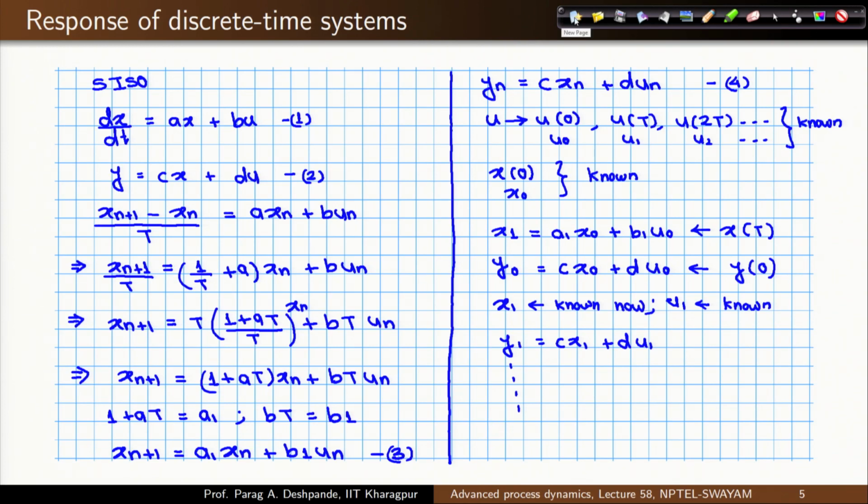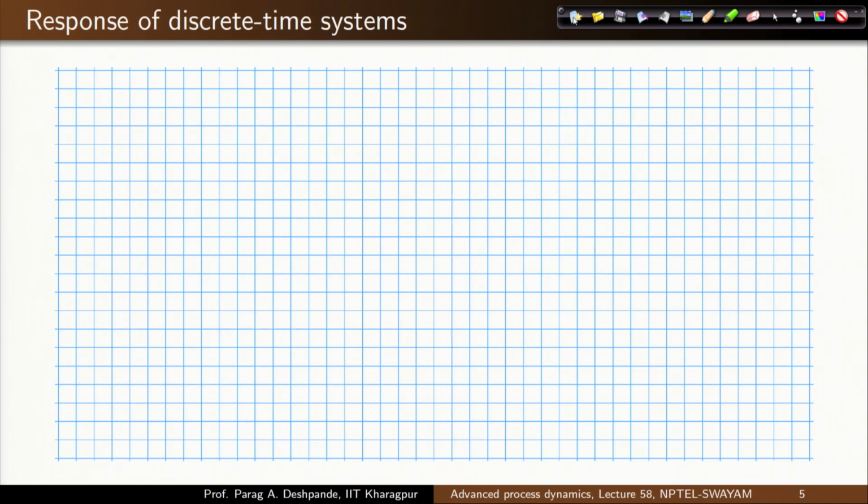Now, there is only one thing left: you have y is equal to c x plus d u, from where you wrote y n is equal to c x n plus d u n.